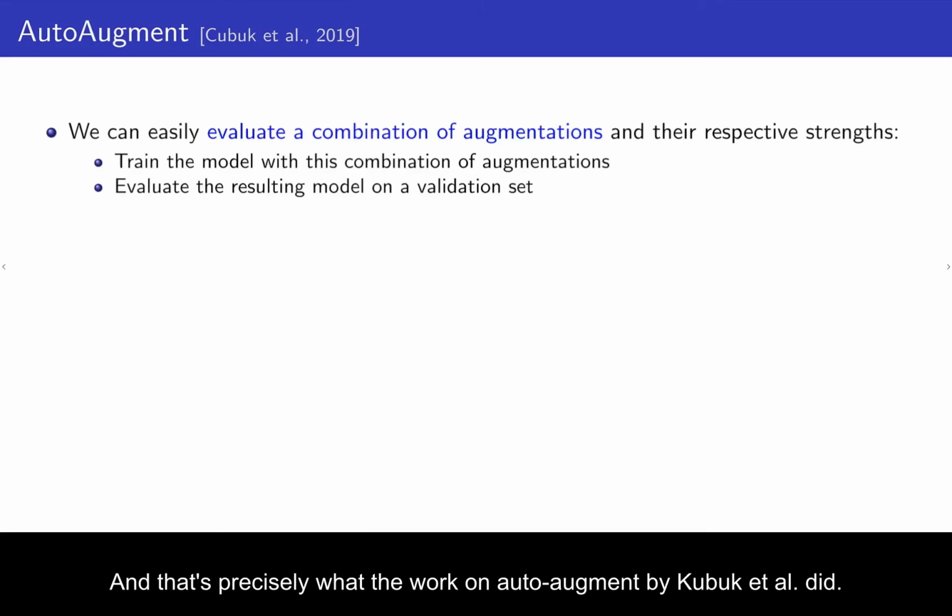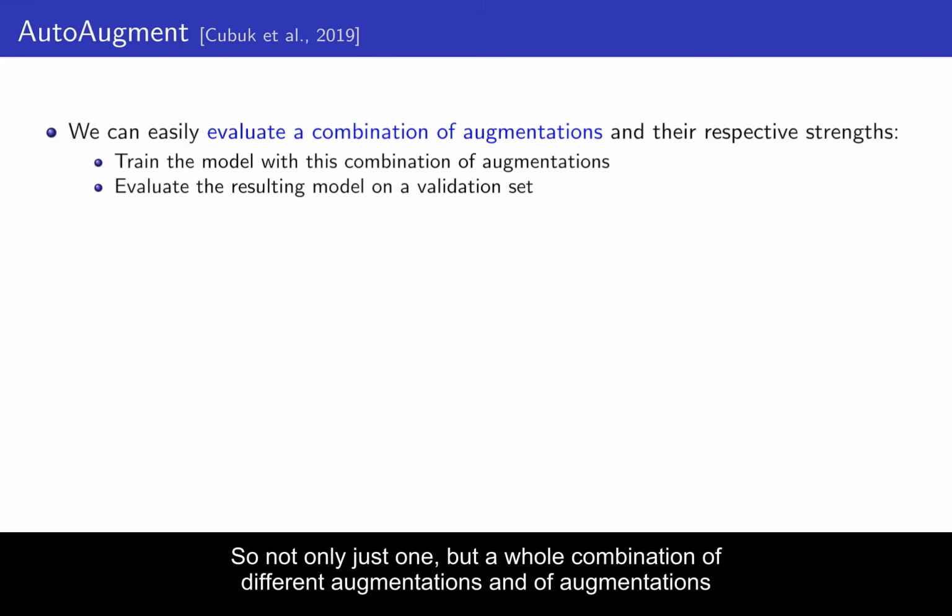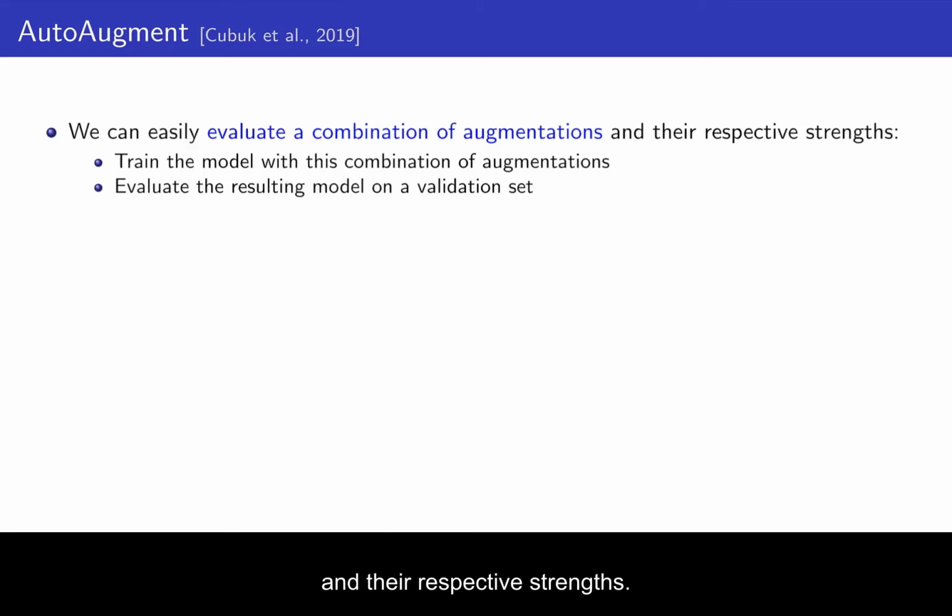And that's precisely what the work on AutoAugment by Cubuk et al. did. They realized that we can easily evaluate a combination of different augmentations. So not just one, but a whole combination of different augmentations and their respective strengths.